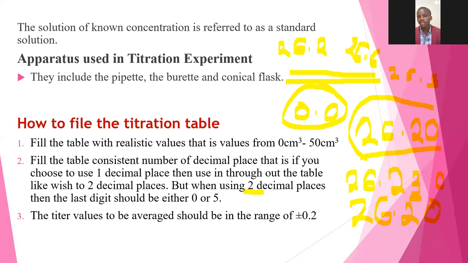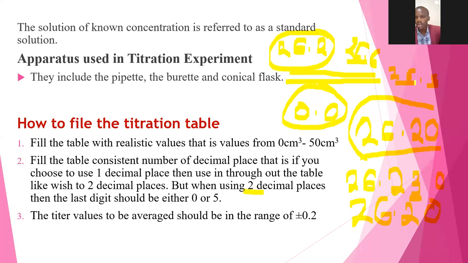But what is the difference between 26.6 and 26.5? The difference here is 0.1, which means this is within the range. So you take these two, add them, then divide by 2, because their difference is within positive or negative 0.2.